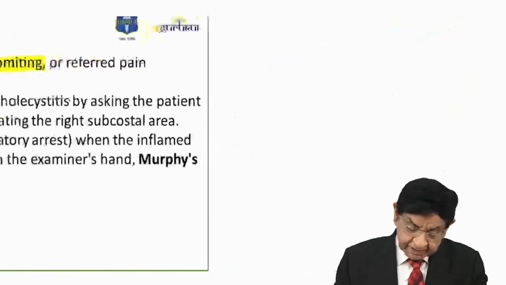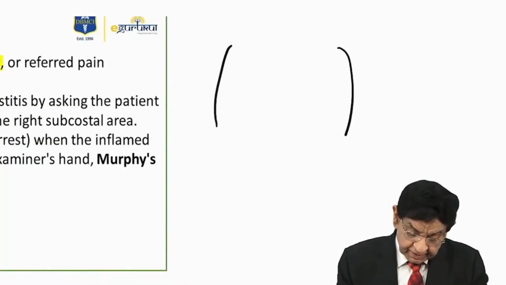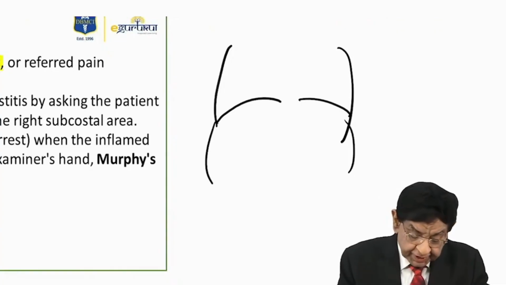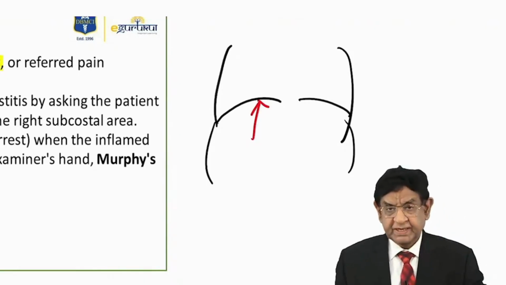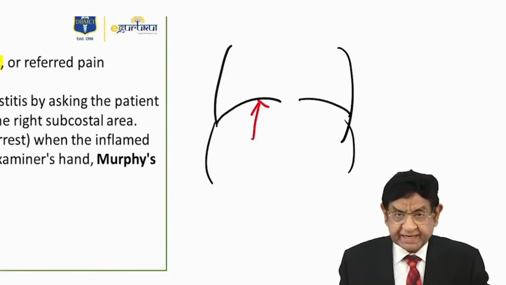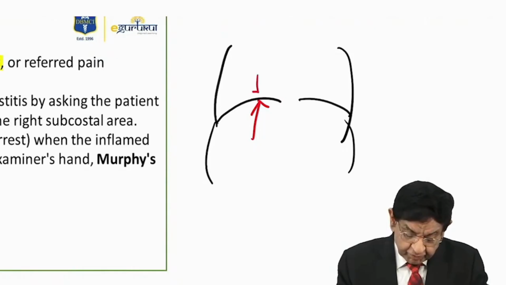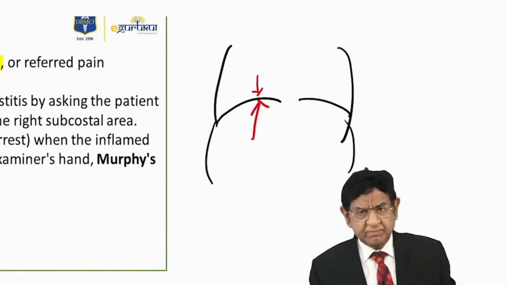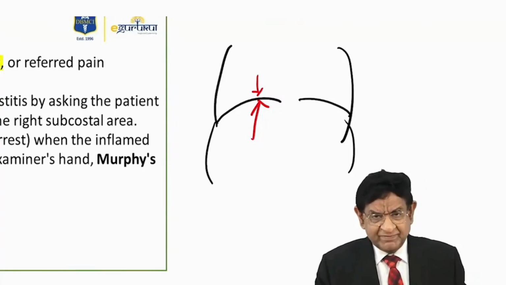Here is the patient, and here is the costal margin, this is the right hypochondrium, and we palpate. And we ask the patient to take a deep breath. As he takes a deep breath, the gallbladder will move down. And usually when cholecystitis is there, the gallbladder is inflamed.